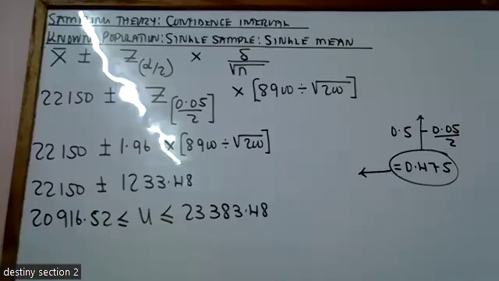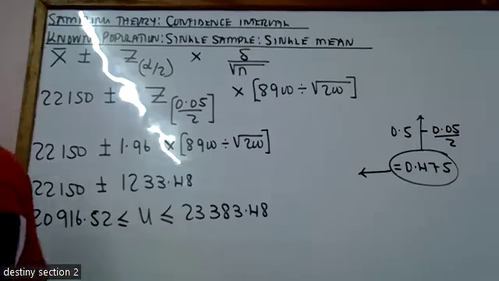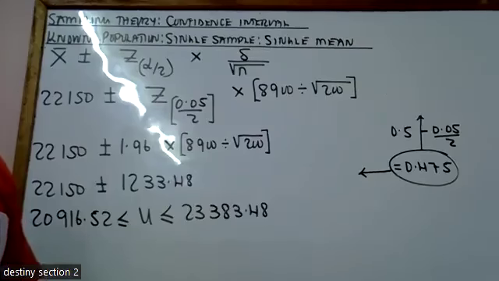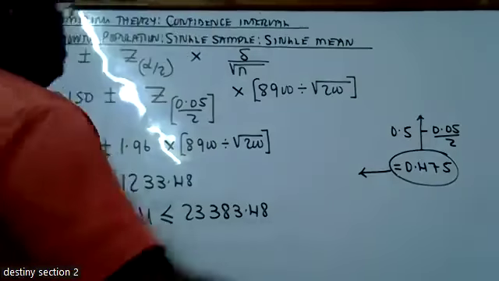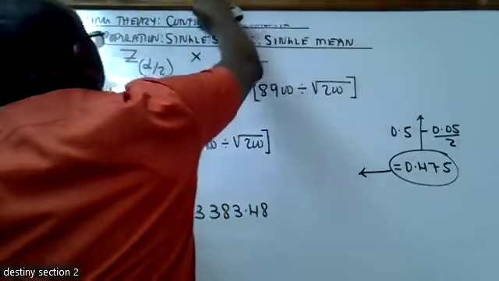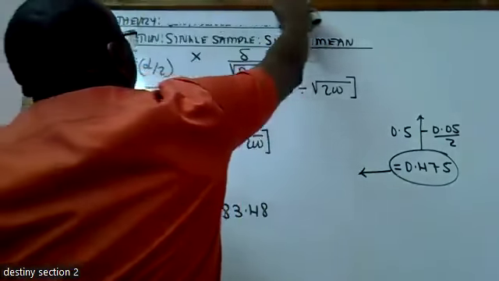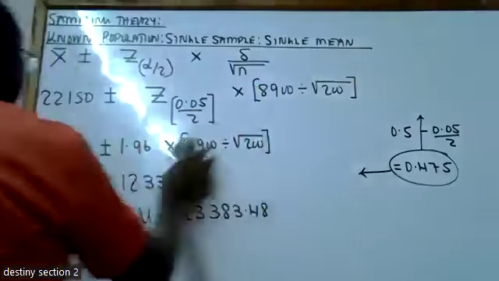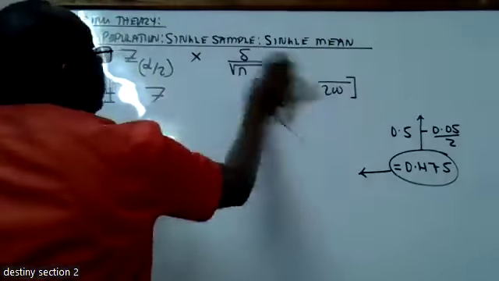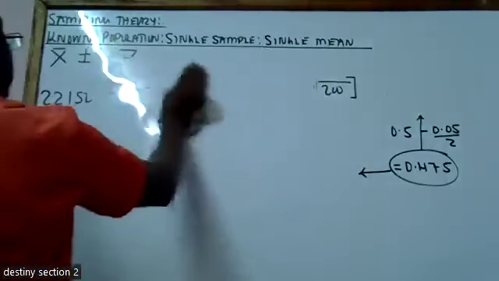The next question says, test the hypothesis that the amount paid in monthly rent is 20,000 at 5%. So that one is still on sampling theory, but not on confidence, on hypothesis testing.